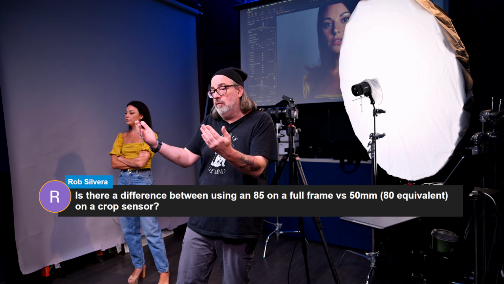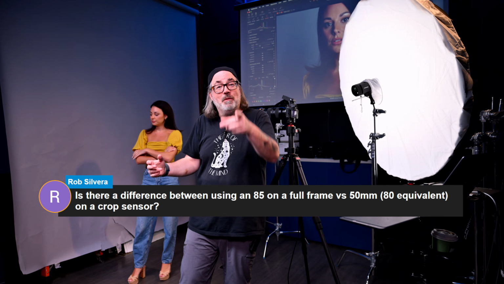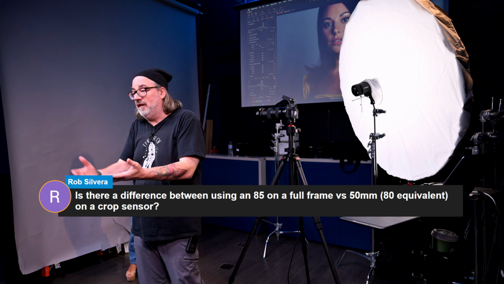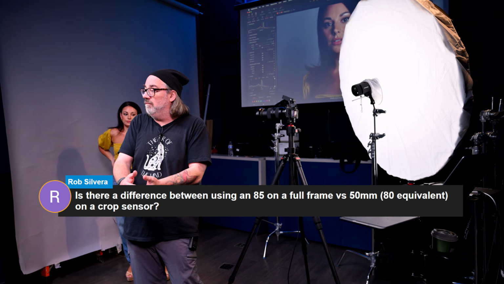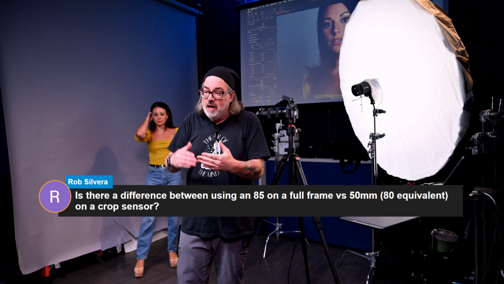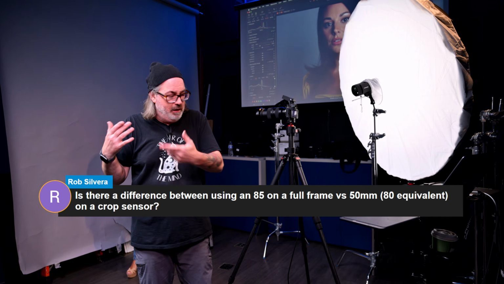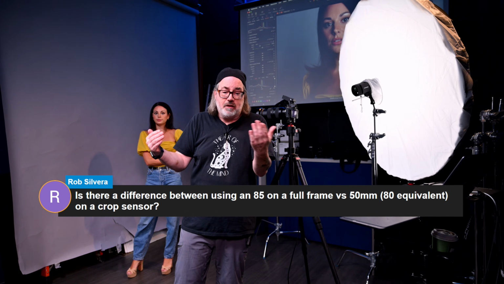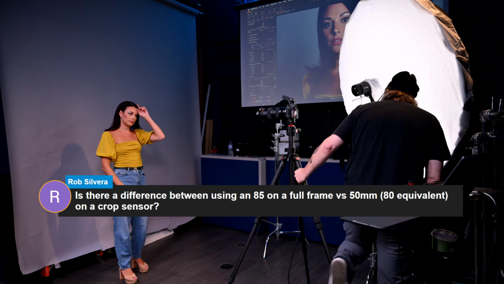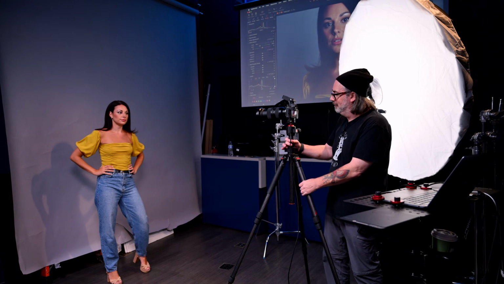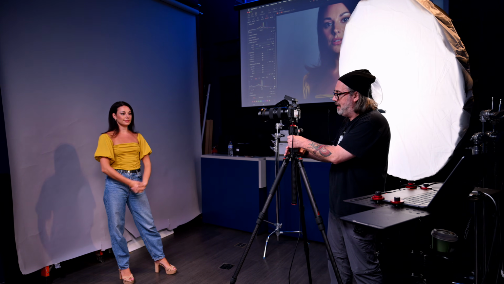So it wouldn't be the same unless you're in a system like Leica, that makes very specifically Summicron 50, Summicron 35, Summicron 135, and they're all the same because it has to do with the lens. But generally speaking, that's the answer to the question. It's a crop, right? So it's not the same, but it's not really different either. Because remember, that's all you got to do. Stand in the same spot.